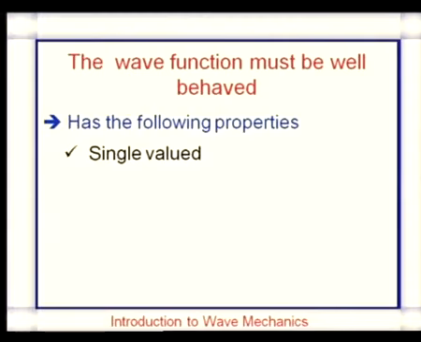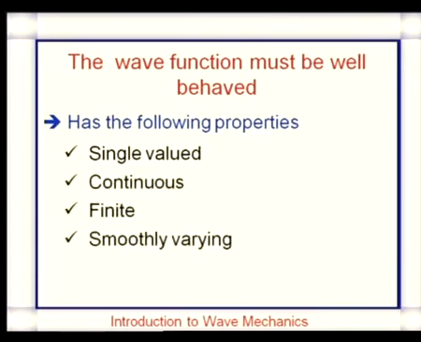The wave function, which has all the information about the system, must have certain properties. It must be single valued, continuous, finite, smoothly varying, and it must vanish at the boundaries. These are the five criteria which the wave function must meet.